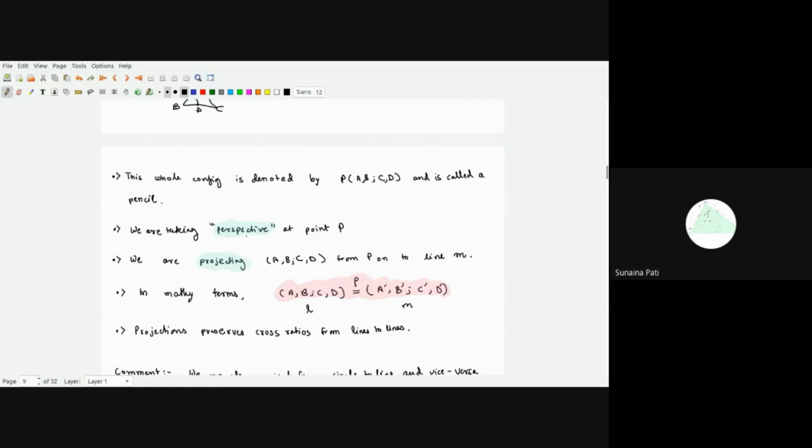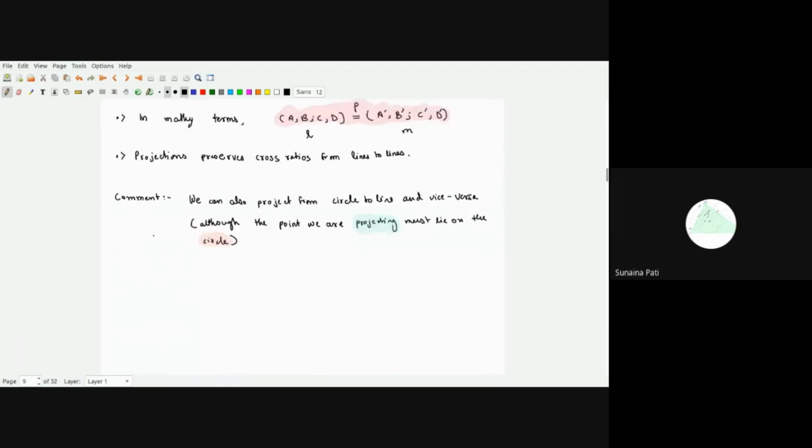Here, for circles to lines also, you need a point P so that you can project the bundles. The only condition imposed on the projection is that point P must lie on the circle.